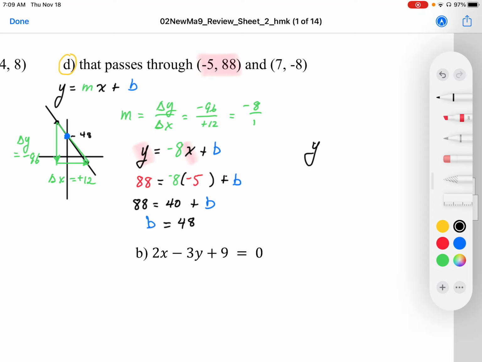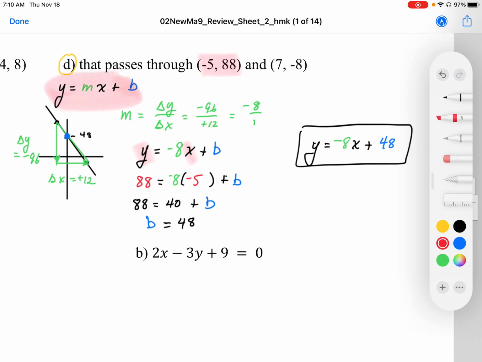So now I have both parts of the equation I need. Y equals slope and y-intercept. So I found the equation of a line. Again, the steps for this are, first of all, recognize that we need y equals mx plus b.